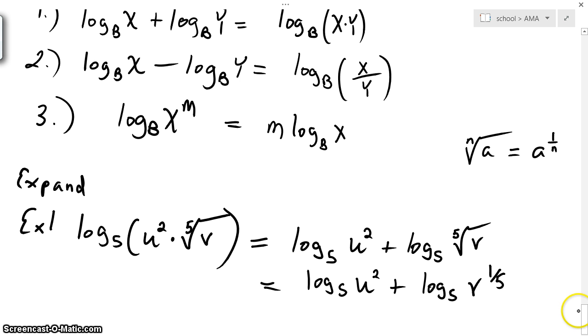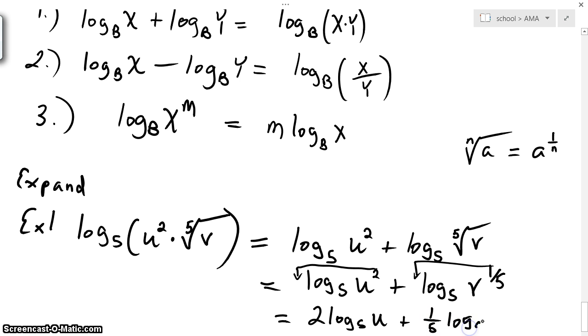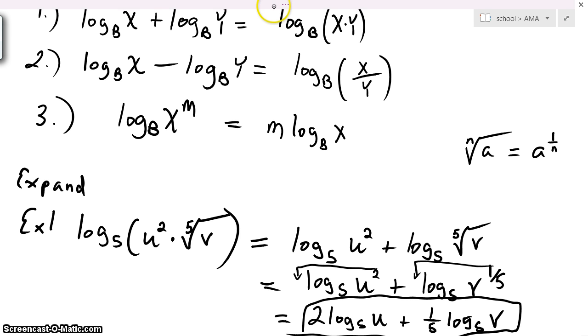Well, that being said, we can go one step further and use that third property and drop down these coefficients. We can say 2 times the log base 5 of u plus 1/5 log base 5 of v. And that would be expanding that expression and writing all powers as coefficients.